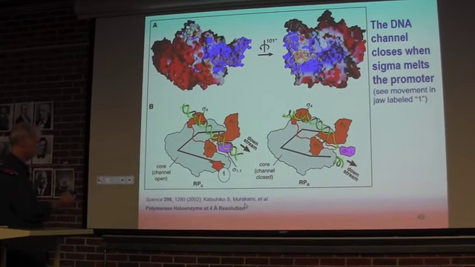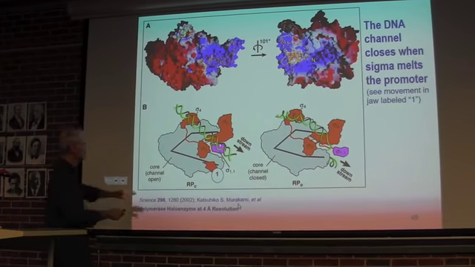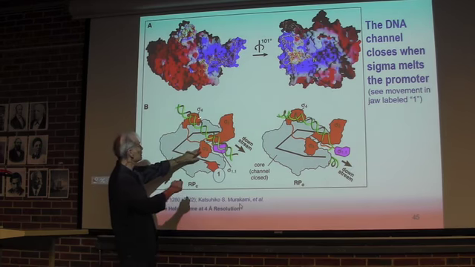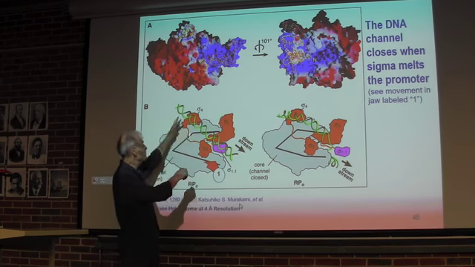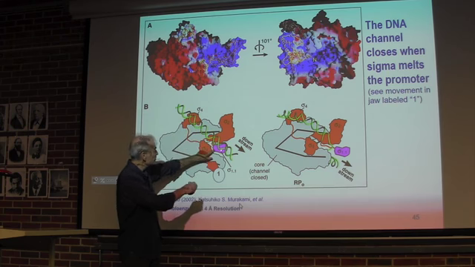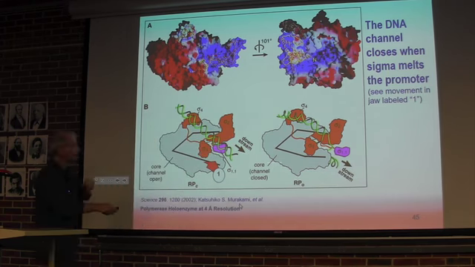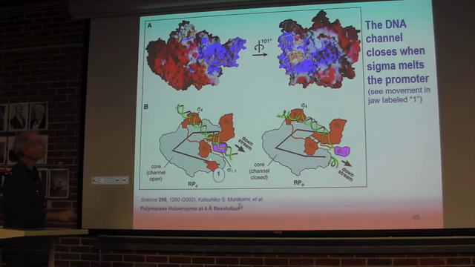Here you see that same concept illustrated again. This is sigma in red. You see how it's a very convoluted protein, winds and weaves all around. And this is domain 1.1 of sigma. And that domain rotates slightly out of position here.